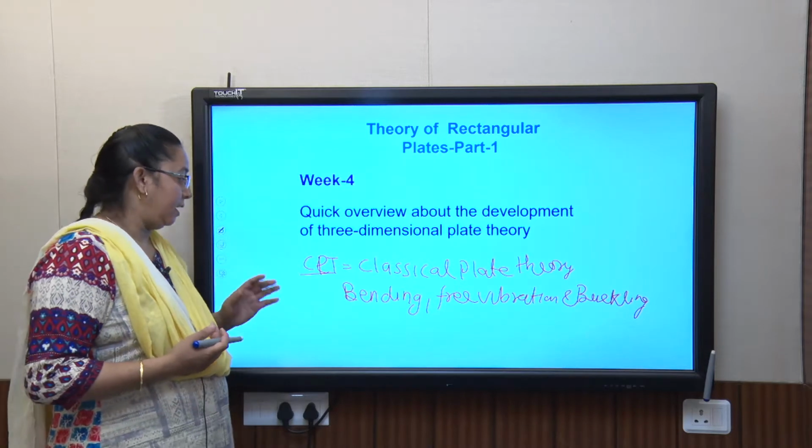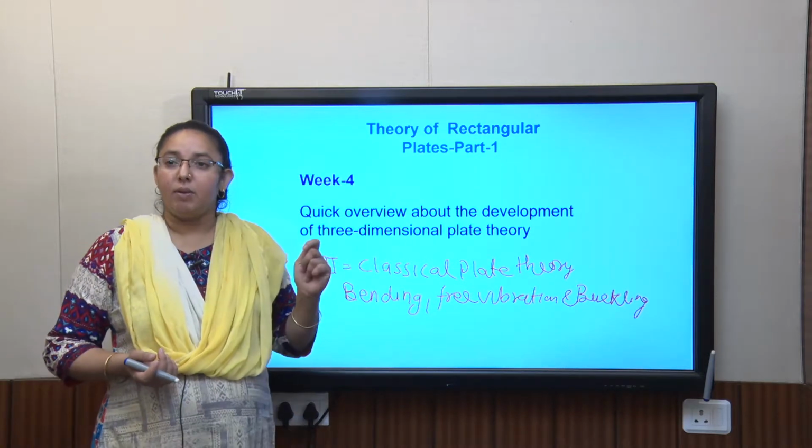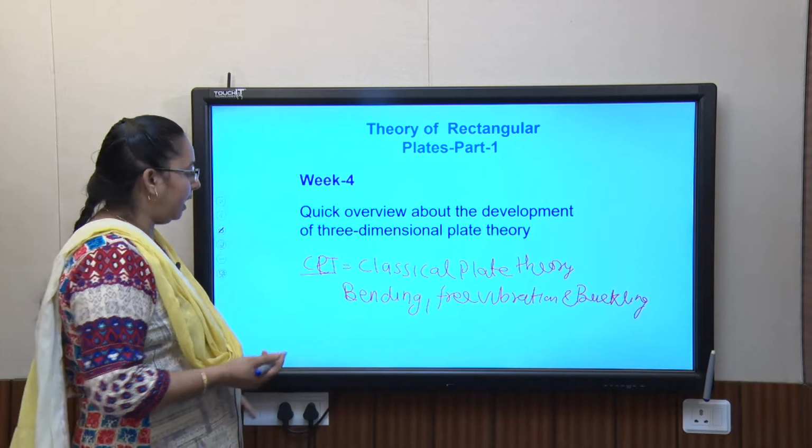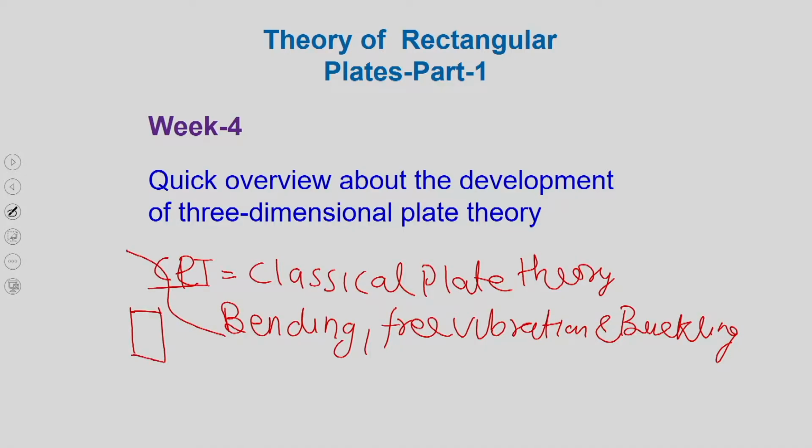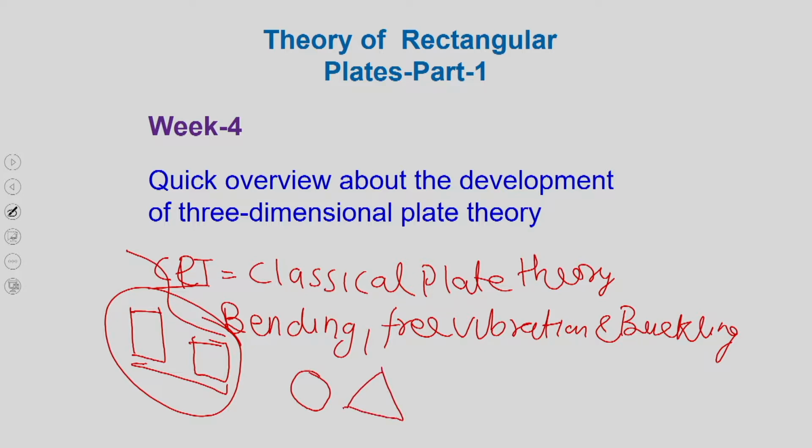One main thing I would like to say is that whatever I have solved, the solutions are valid for either a rectangular plate or a square plate. If you are interested in developing a solution for a circular plate or a different shape, then the governing equations will be modified as per the coordinate system.